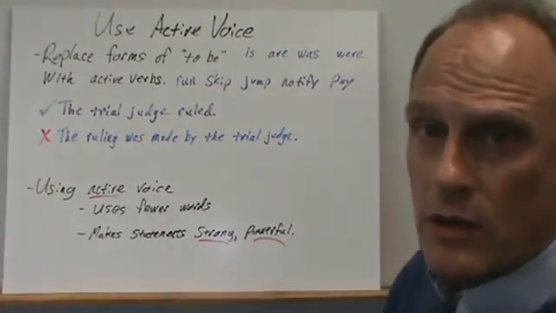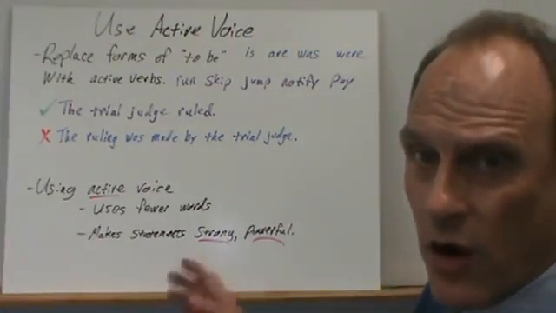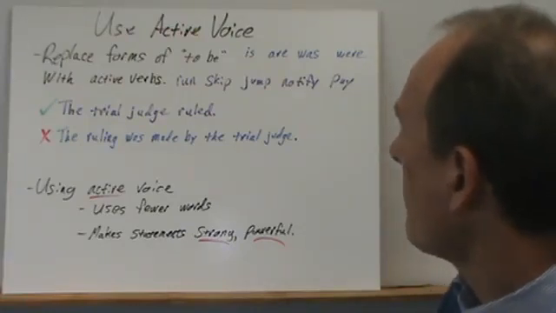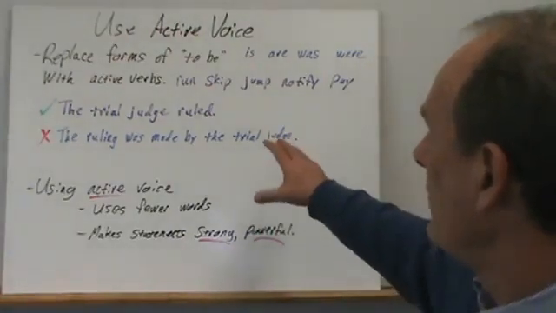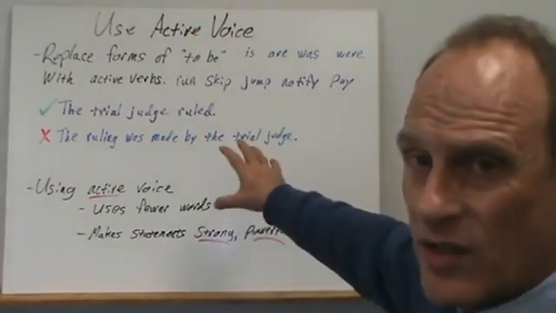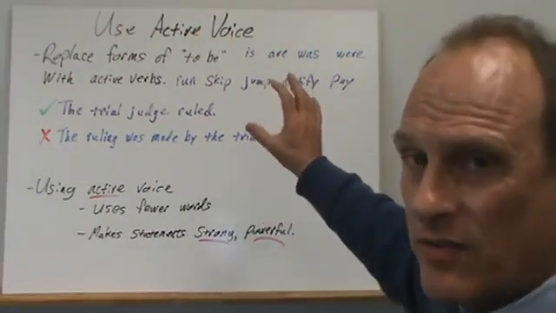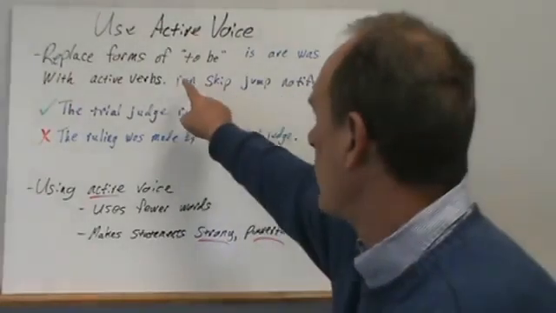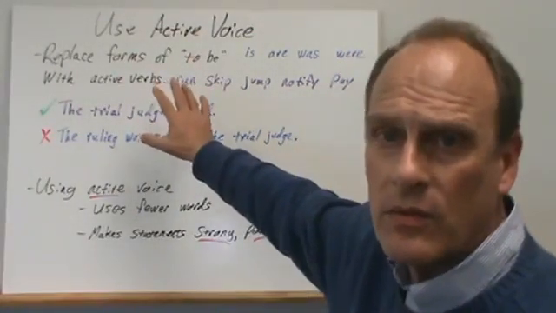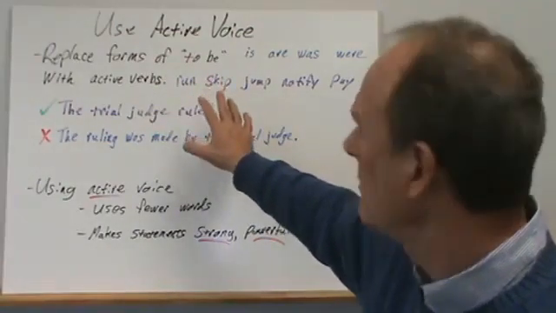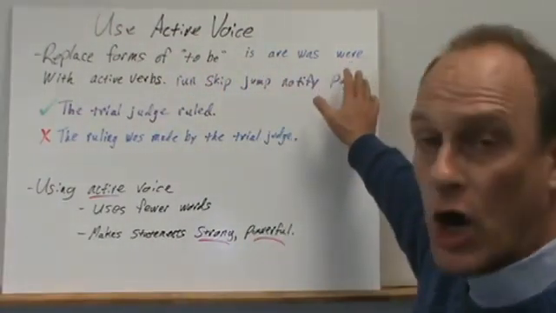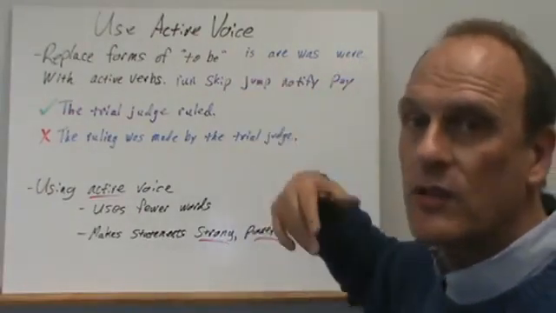And something closely related to that, the verbs that we do use, we want to structure our sentence in such a way that we're using active voice. So that means replacing the verb to be, which might be is, are, was, were, those forms of to be.